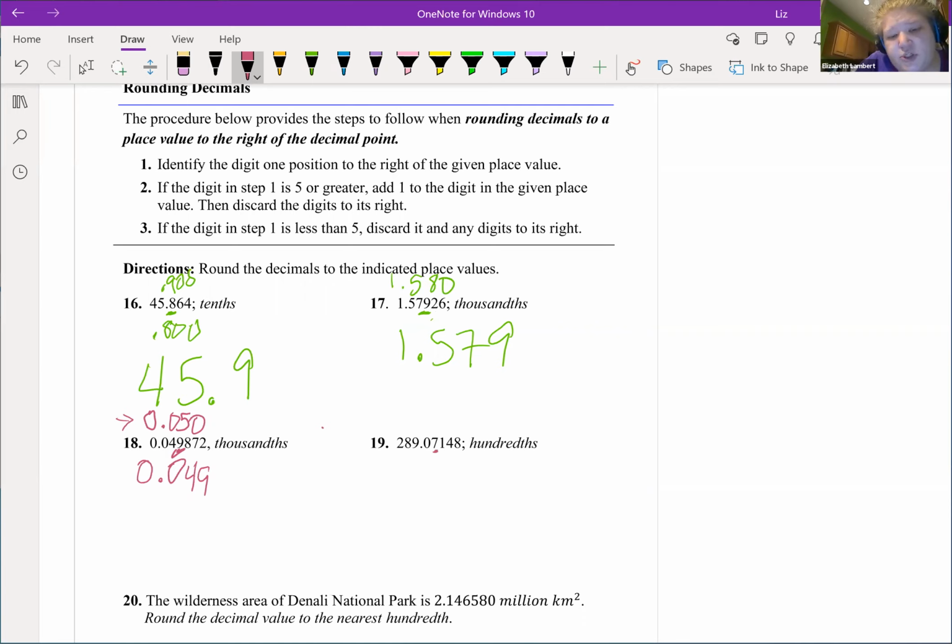Is that going to be closer to zero or is it going to be closer to 1,000? Well, 148 is pretty low. That 1 is definitely less than 5. So this is going to just cut off at the 0.07 and we ignore the rest. So this is 289.07. So 289 and 7 hundredths.